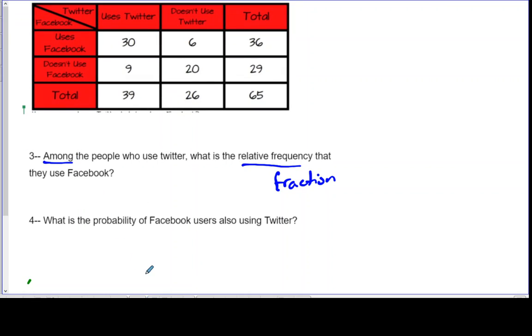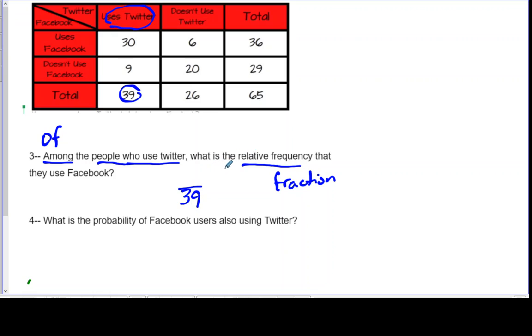So if I see the word among, that's similar to talking about of. So of the people who use Twitter, I need to know, what's the total number of people who use Twitter? It's 39. So we know the denominator for this fraction is going to be 39.